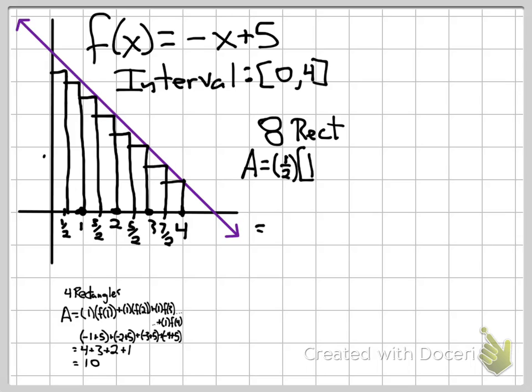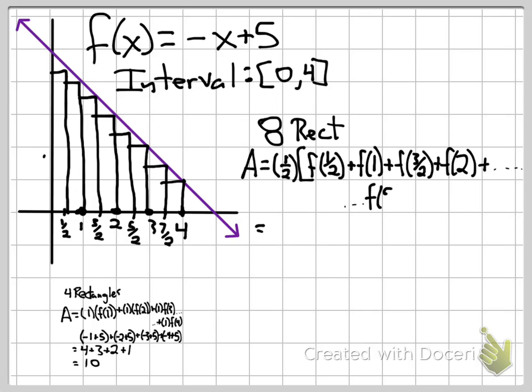So it's going to be 1/2 times f of 1/2 plus f of 1 plus f of 3/2 plus f of 2 plus f of 5/2 plus f of 3 plus f of 7/2 plus f of 4.